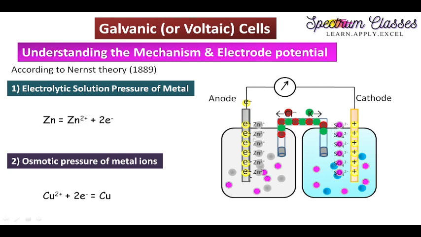Similarly, these sulfate ions gather over there, in the vicinity of this cathode, and they will not allow the cathode to attract electrons, nor the movement of electrons through this anode. So at this moment a stage of equilibrium occurs and no further movement of electrons takes place in this cell.